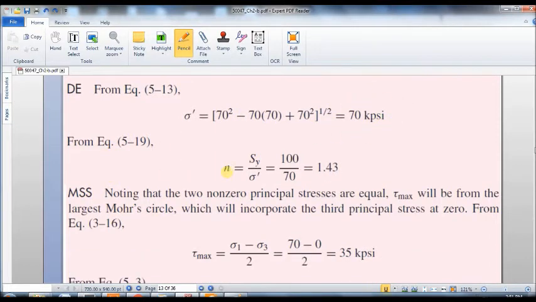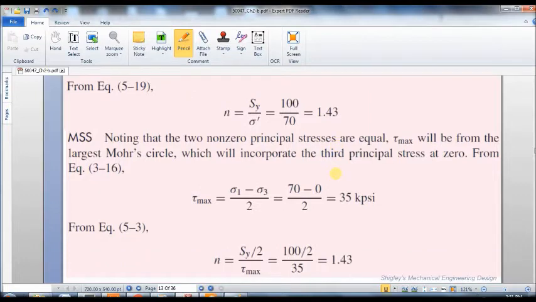To find the safety factor, we have to divide Sy by sigma prime. Sigma prime is the symbol for the effective stress. So the safety factor is 1.43.